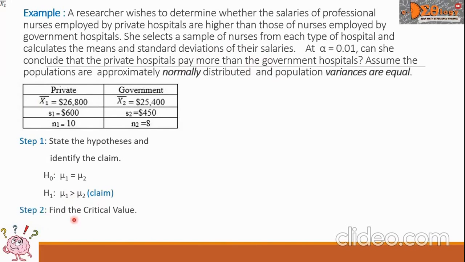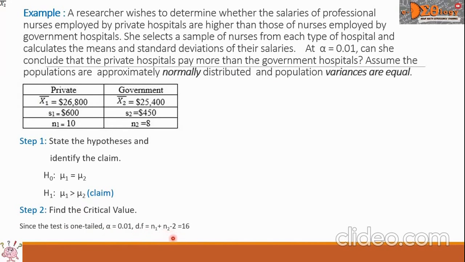For step 2, let us find the critical value. Since the test is one-tailed, in fact this is a right-tailed test. This greater than symbol denotes a right-tailed test. And then the level of significance, that is alpha, equals 0.01. It means the degrees of freedom is equal to n sub 1 plus n sub 2 minus 2.